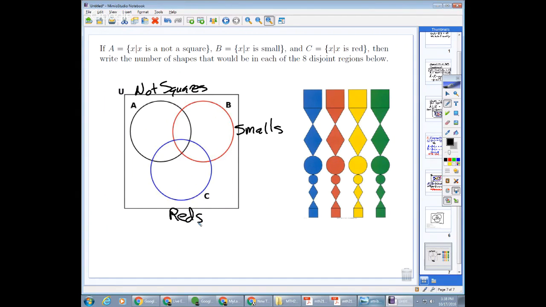Now, if I were working with younger children instead of adults, and even with some adults, I would have these shapes all cut out, and we would have circles of string or yarn on our desk in this configuration, and we would throw the pieces in the right spot, okay? For now, we're going to try and reason through this and count.